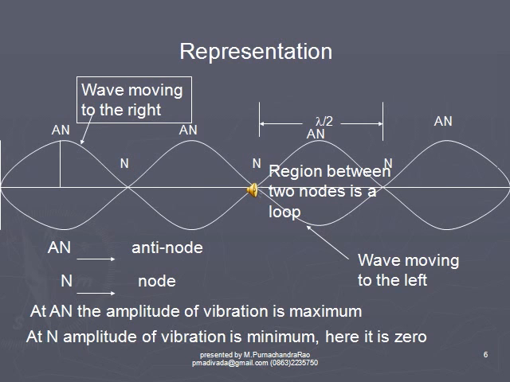The distance of this loop, that is, the distance between two successive nodes, is lambda by 2. Similarly, the distance between two successive antinodes is also lambda by 2.